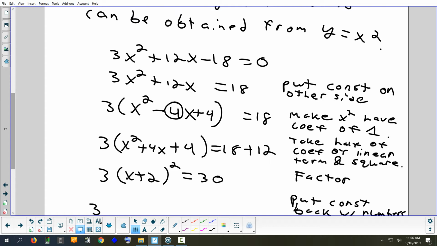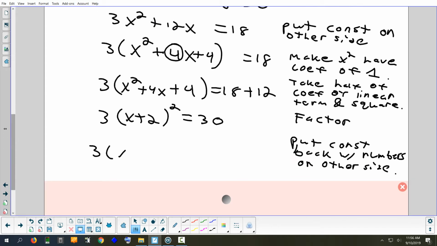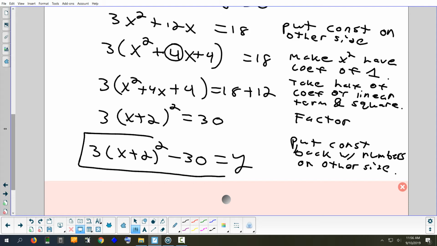So it's either going to factor as plus plus or minus minus. This one was a plus plus. So 3 times x plus 2 squared minus 30, because we're bringing the 30 back to the other side, equals y. So there's my equation.